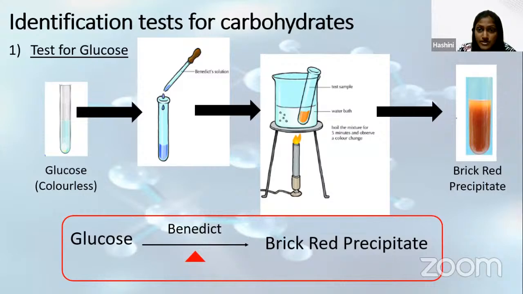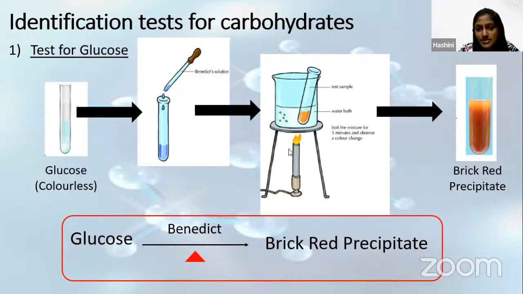The reason is that we get even heat distributed around the food sample. If we use a Bunsen burner, sometimes only some parts of the food are heated, because the heat is not spread evenly through the test tube.